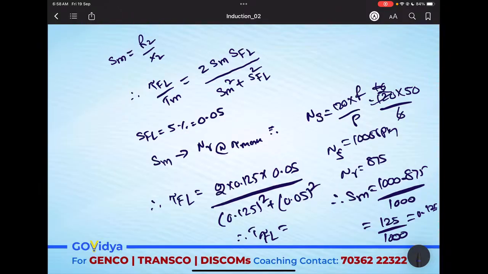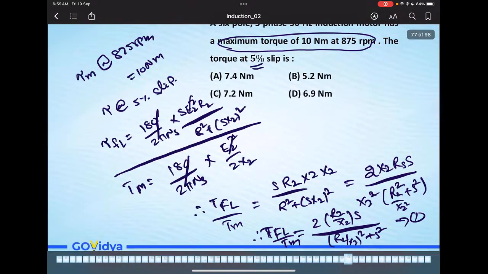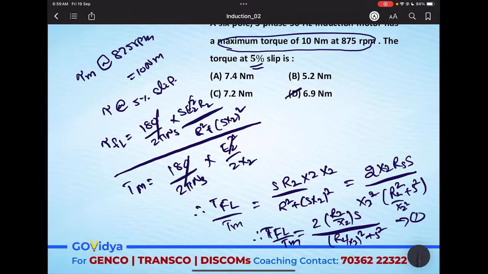Okay, it will come around 6.9 Newton meter. Is it clear? So our option will be D.